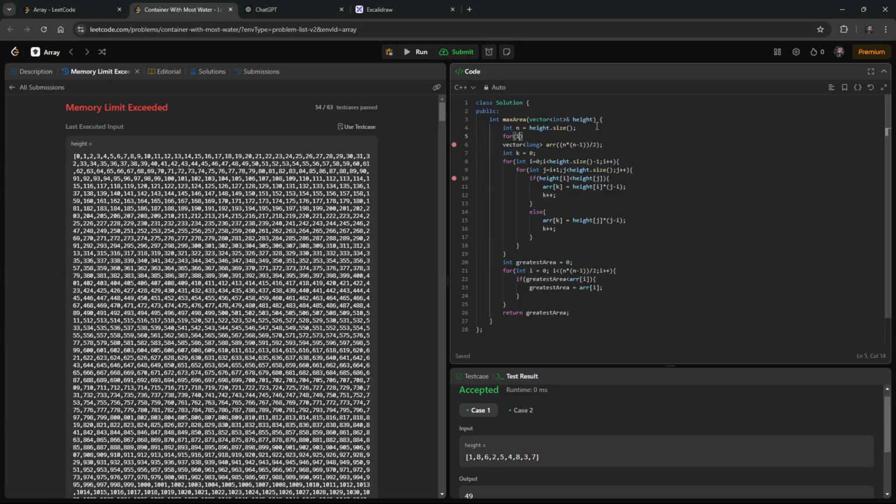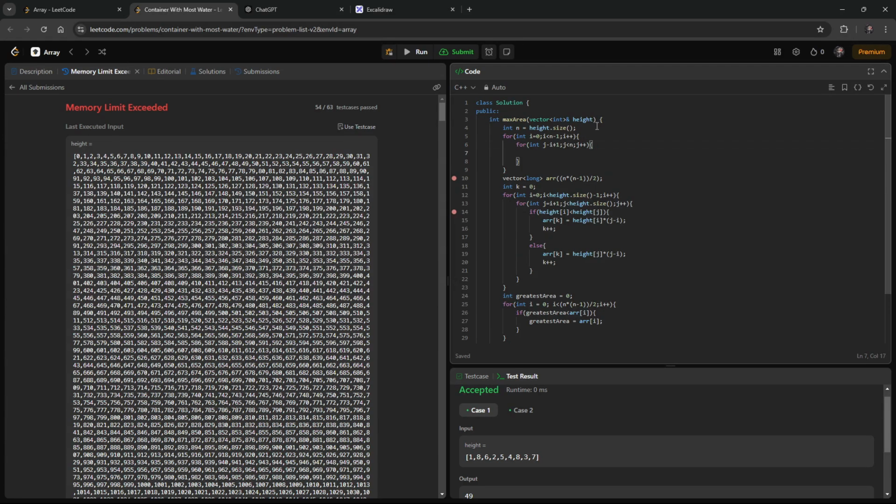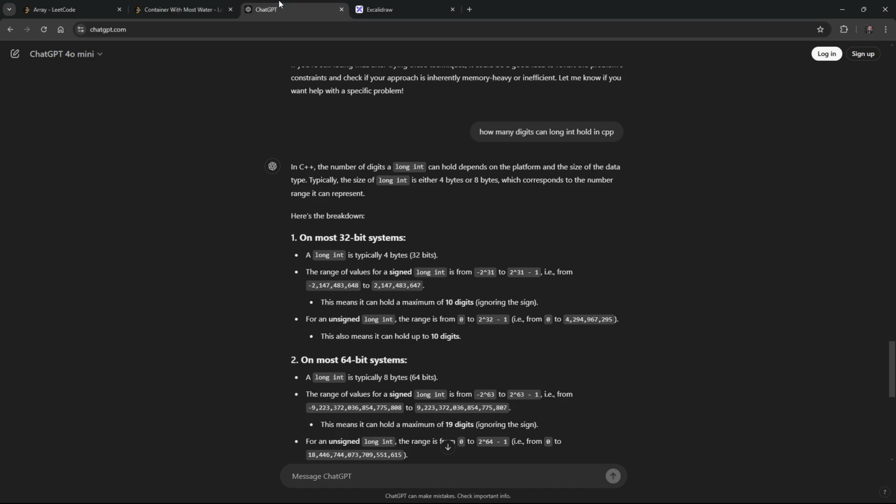So for int i equals 0, i less than n minus 1, i plus plus, for int j equals i plus 1, j less than n, j plus plus, and we need to check if i, i... but doing it this way won't work, right?